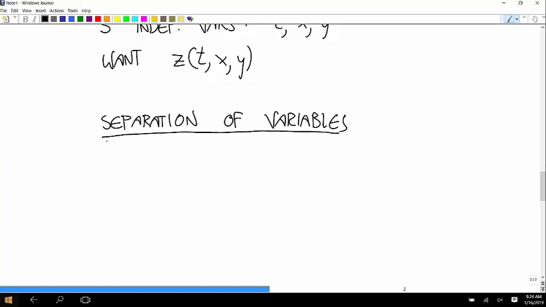So separation of variables is when you have something like this. I'll write it like this: dy ds is equal to a function of y times a function of s.